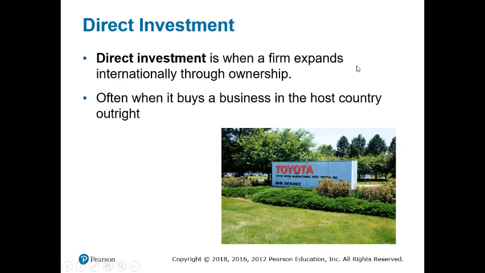And the most committed type of market entry strategy is that of direct investment. A company may say, I don't want to export my products abroad. I don't want to do an alliance or joint venture or establish a contract, an agreement with another partner. I want to do all on my own.